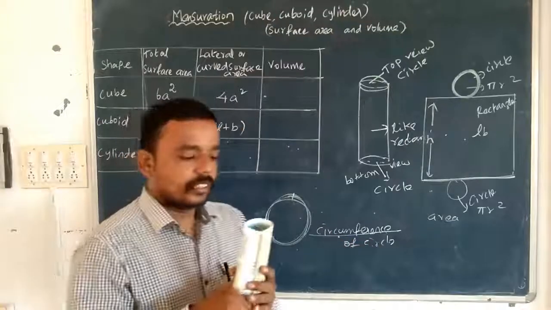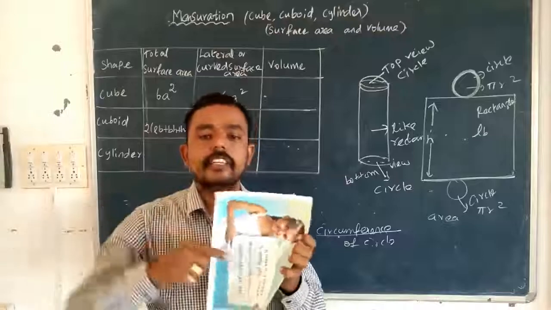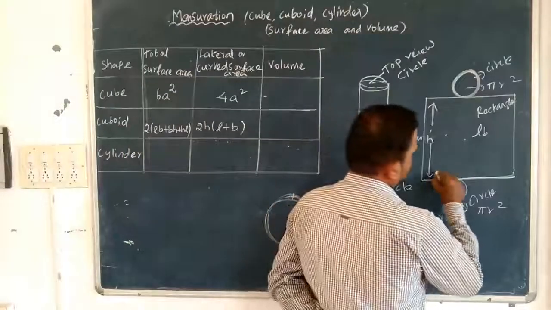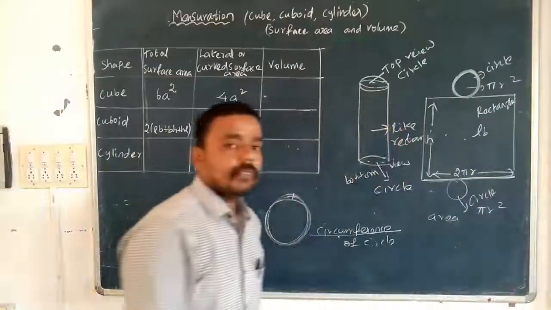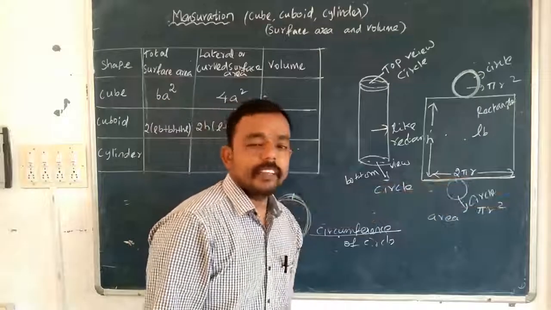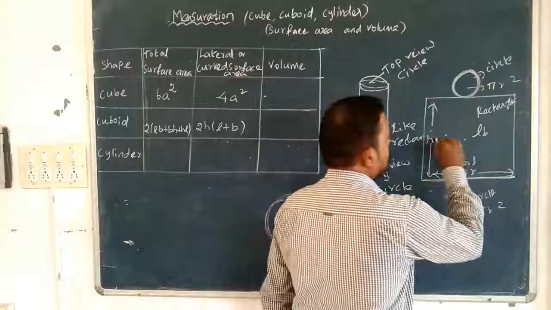Just cut at one point and remove. So what is the length? This length is the circumference of the circle, which is 2 pi r. This is the L value, and this is the B value.